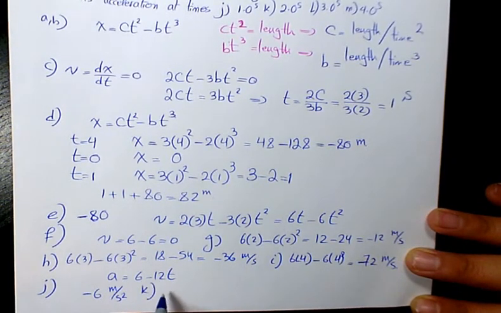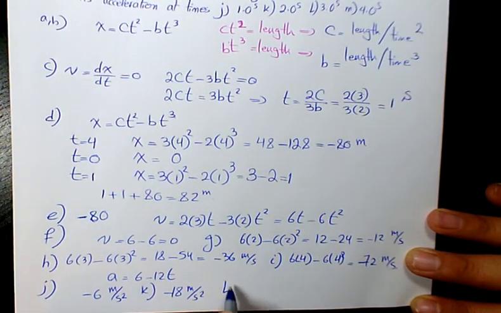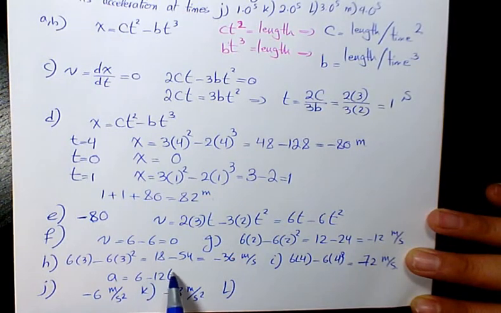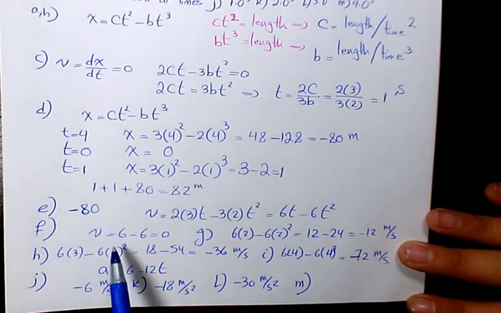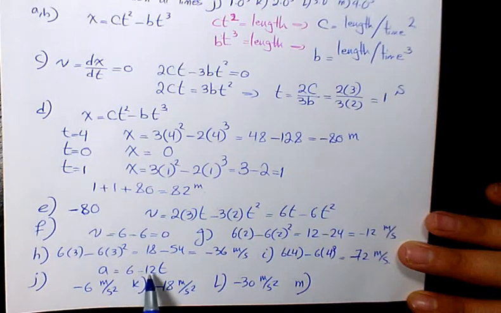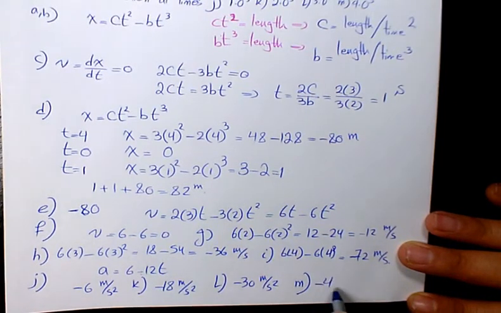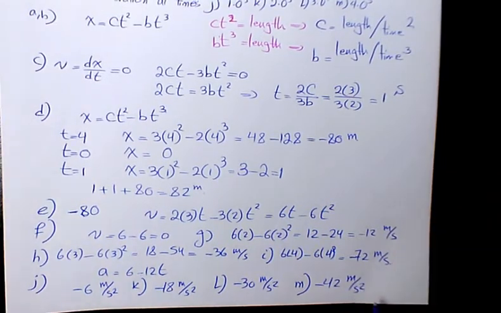K is going to be 6 minus 24, which is negative 18 meters per second squared. L is going to be 6 minus 12 times 3, which is 6 minus 36. It's going to be negative 30 meters per second squared. And finally, M is going to be 6 minus 12 times 4, which is 6 minus 48. That's going to be negative 42 meters per second squared.